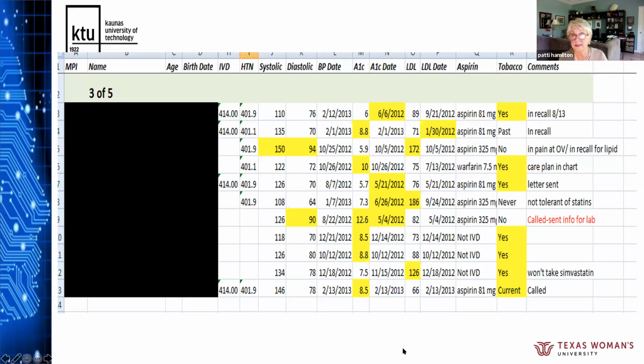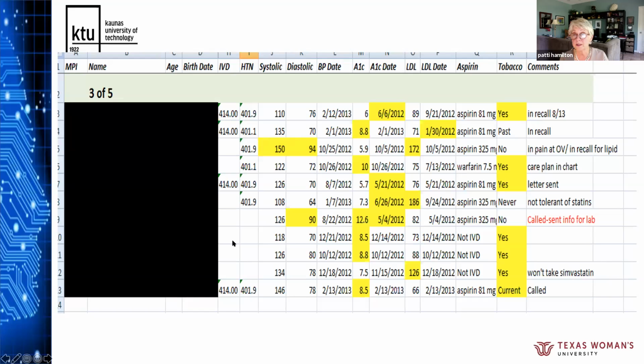So with these data, they could pick up people they might have missed otherwise. Interestingly, they didn't pick up this particular patient. Very interesting.